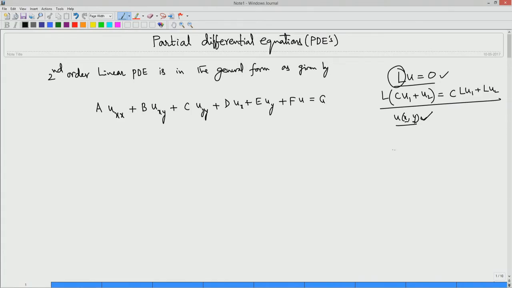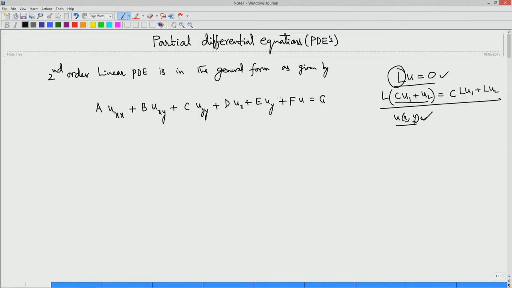So, this is a linear equation, because if you replace u with this, it will always come out. The differential operator on the left-hand side you can always write in this form. You can see that there is no u square or other nonlinear terms, only u and its derivatives.